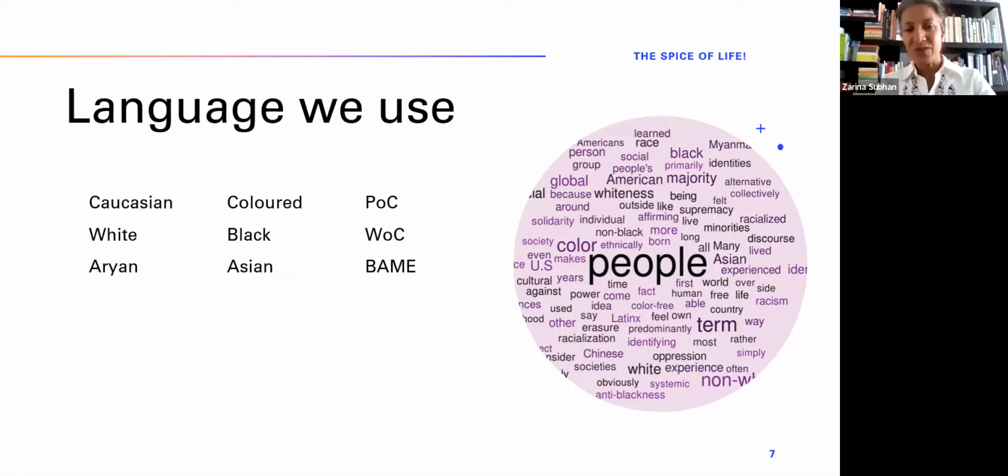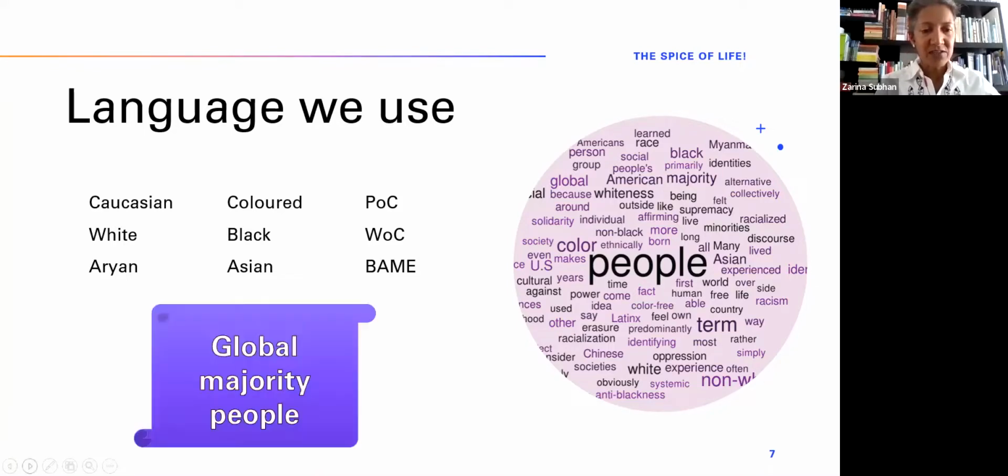And yet, when you're describing a person who's non-white, you have much more distinct terms. And the article I was referring to suggests calling people global majority people, because in actual fact, non-white people around the world are in a majority.